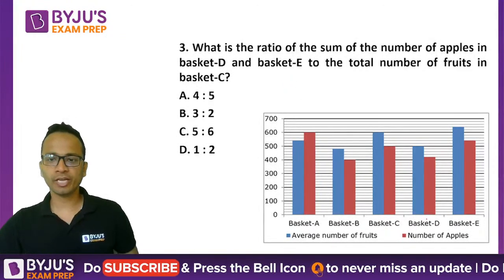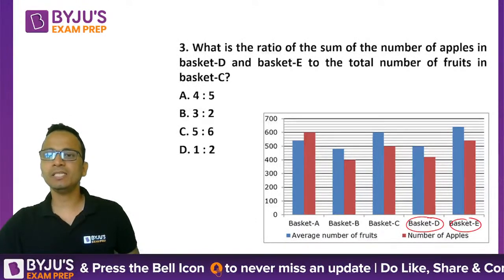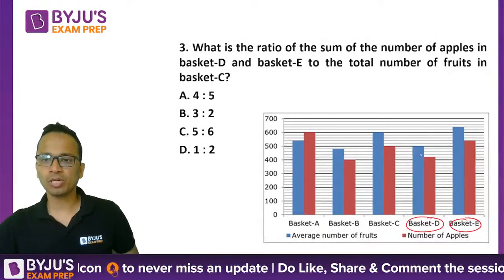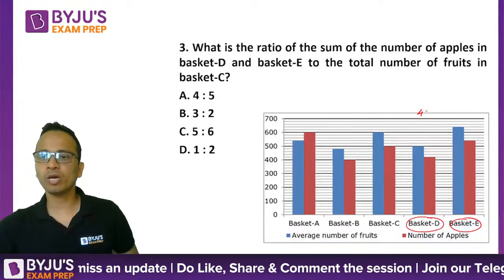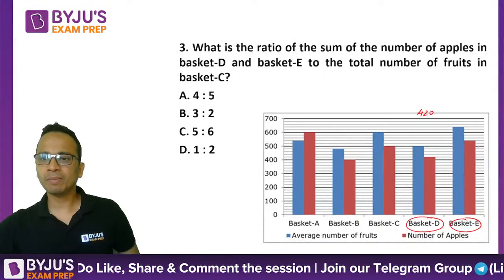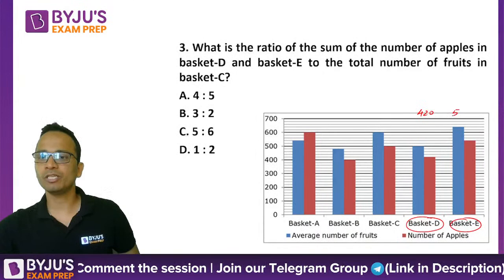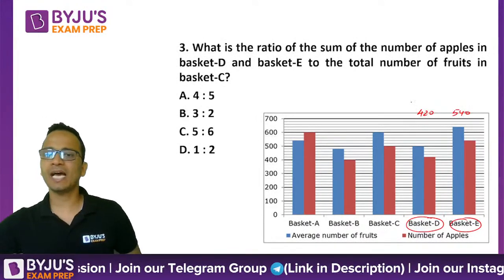So first of all, they are talking about basket D and basket E and the number of apples. So number of apples in basket D is 420 and basket E is 540. So add both of these, 960.